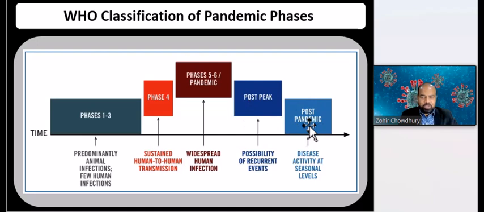Each of these WHO phases applies worldwide once announced. However, individual countries will be affected at different times. In addition to the globally announced pandemic phases that WHO will announce, countries may want to make further national distinctions based upon their specific situations.